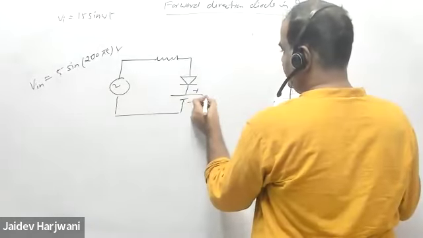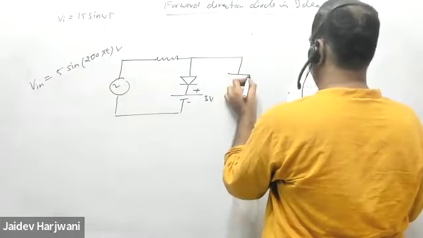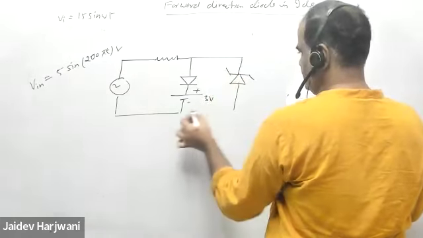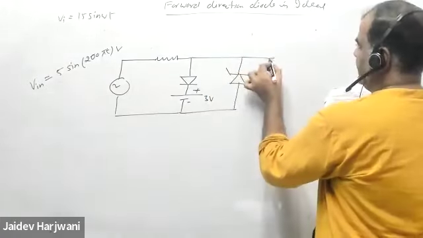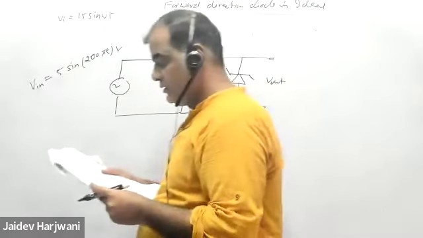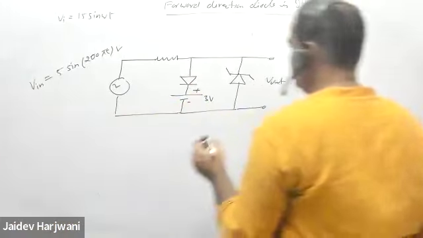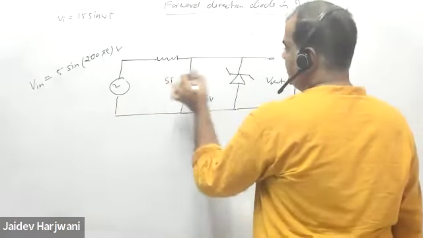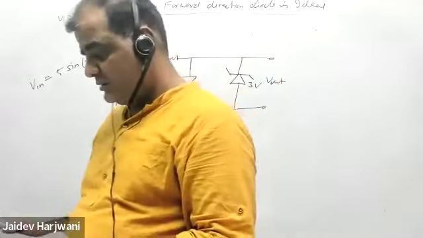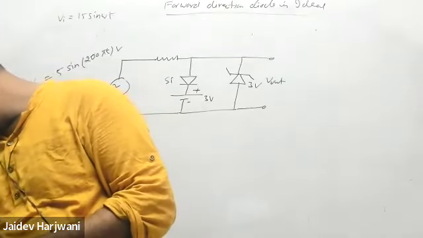Here this is minus 3 volt. Now I'm taking V output here. A normal silicon diode requires 0.7 volt, and this Zener requires 3 volt. So plot the output.